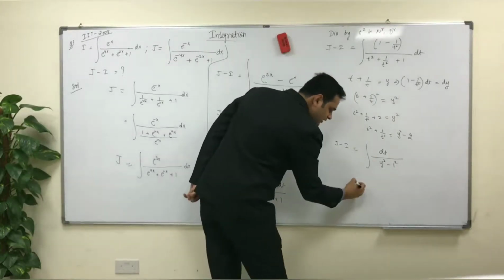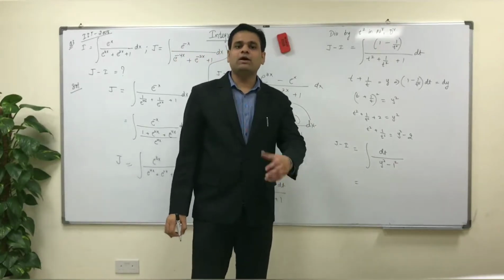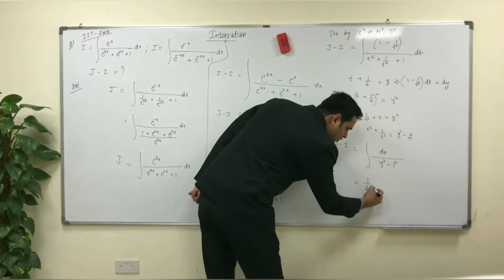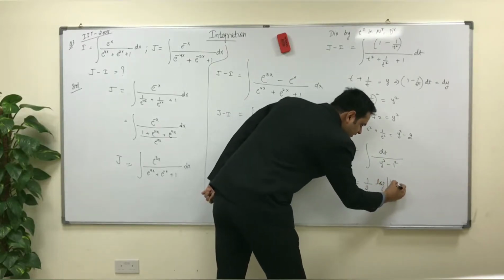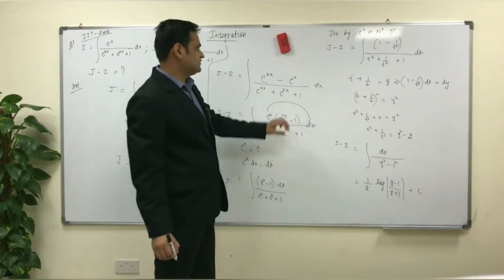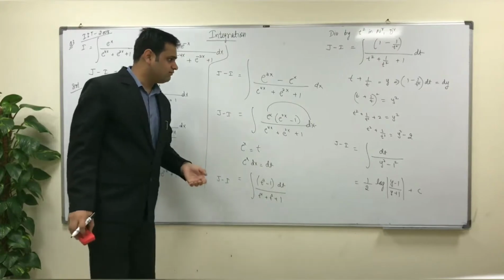So now this is the formula of what? dx upon x square minus a square, which is 1 upon 2a log of x minus a divided by x plus a. So it will be 1 by 2 log of y minus 1 upon y plus 1, plus constant of integration. Now y is something which was introduced by me, so I need to replace the value of y.